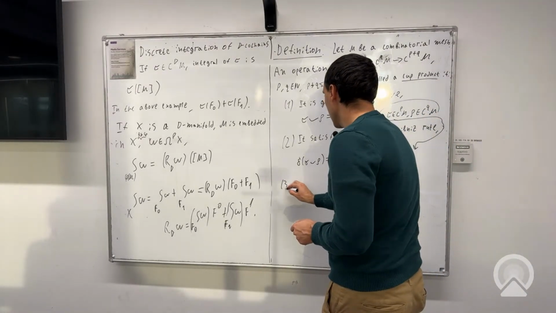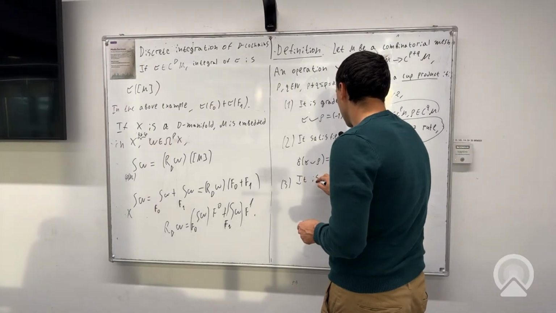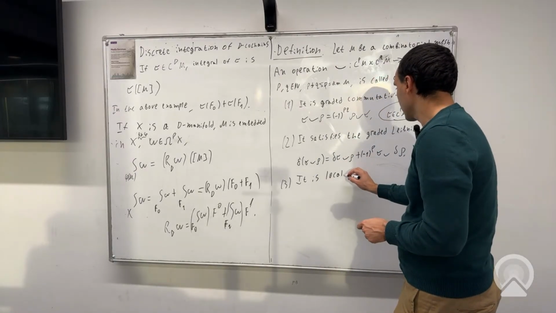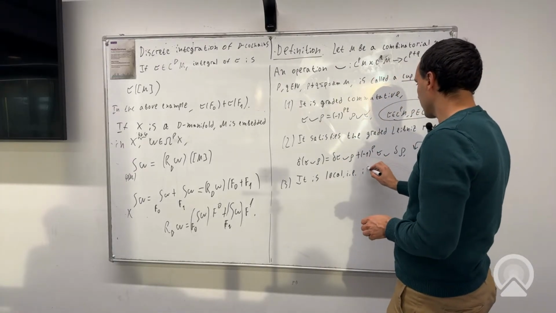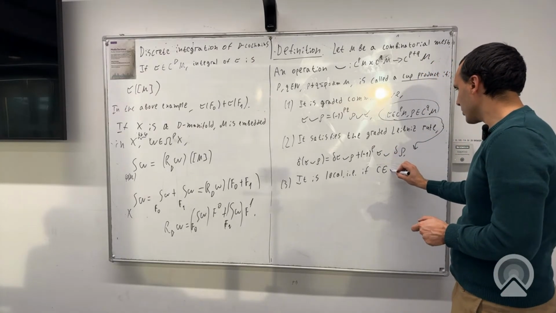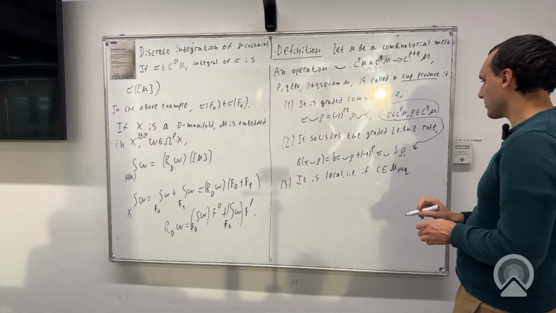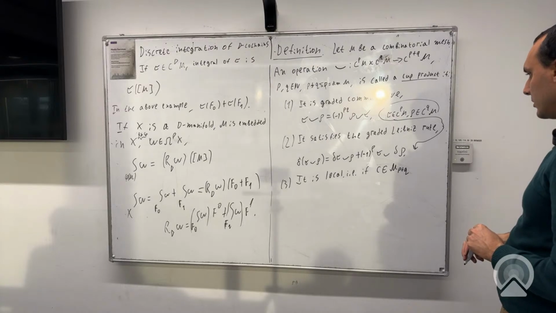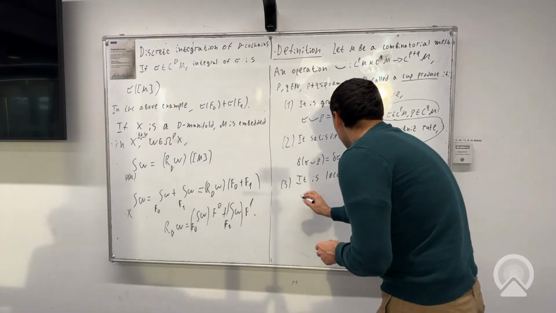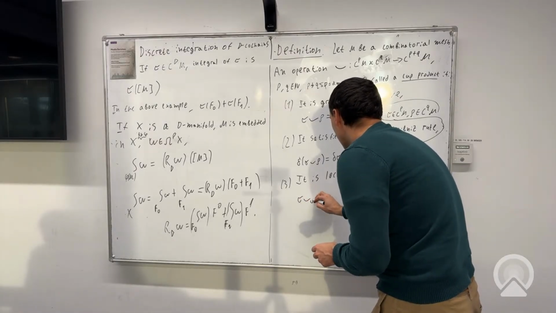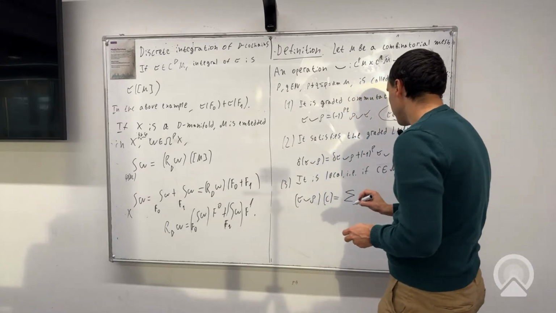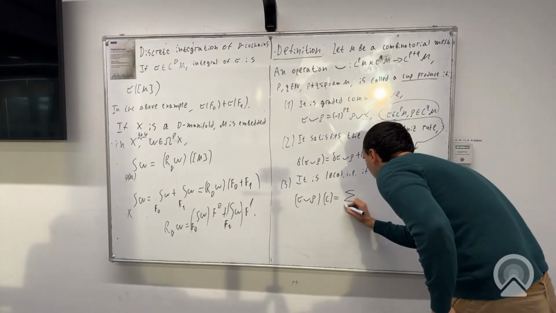Three, it is local, in the sense that if C is a P plus Q cell, then sigma smile rho at this cell C is a sum of some elements.